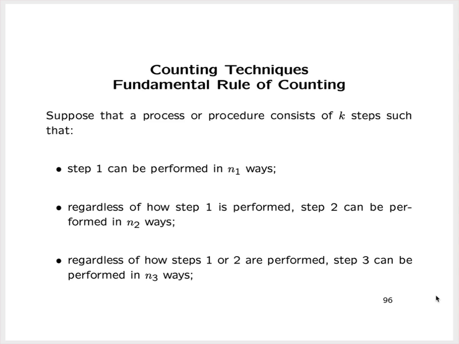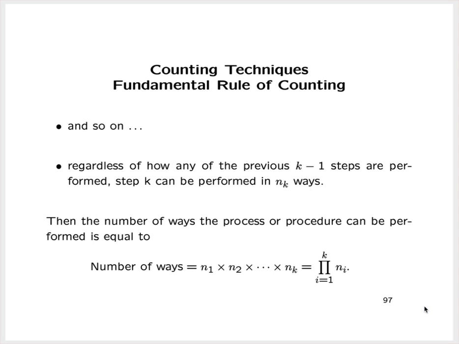So suppose that a process or procedure consists of k steps such that step 1 can be performed in a number of ways that we'll denote by n1. And then regardless of how step 1 was performed, step 2 can be performed in a number of ways that we'll denote by n2. And then regardless of how the first two steps were performed, step 3 can be performed in a number of ways that we'll denote by n sub 3, and so on.